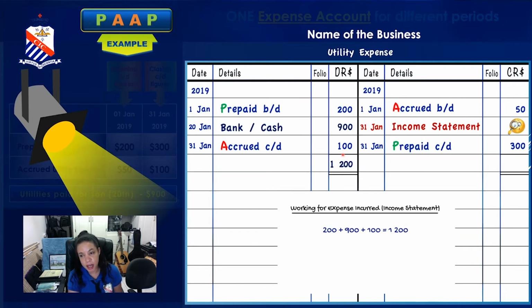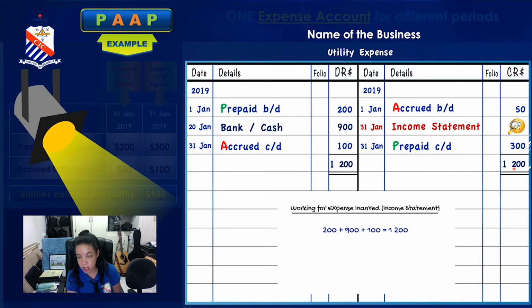When you add these up, this total must be the same. So you would just bring the 1200 over on this side. But this side is not equal to 1200 as yet. You still have a missing figure. So you just have to find what figure would create that total of 1200. How do you do that?